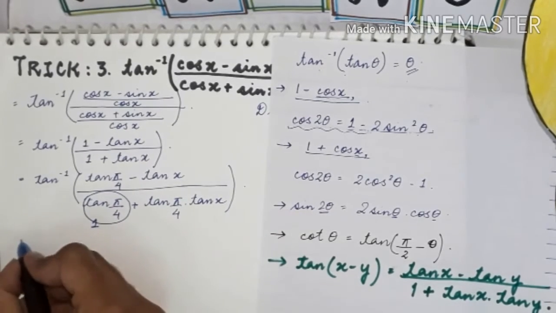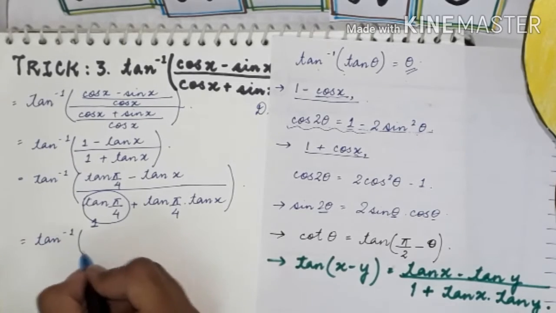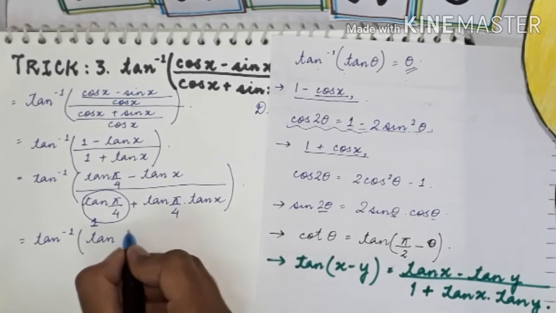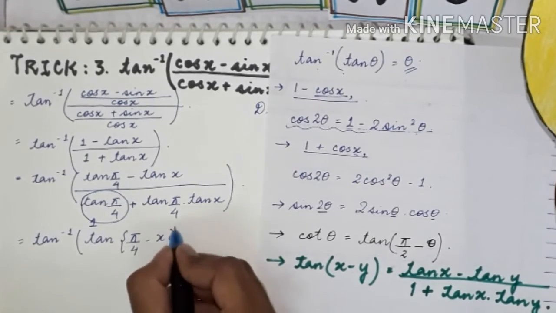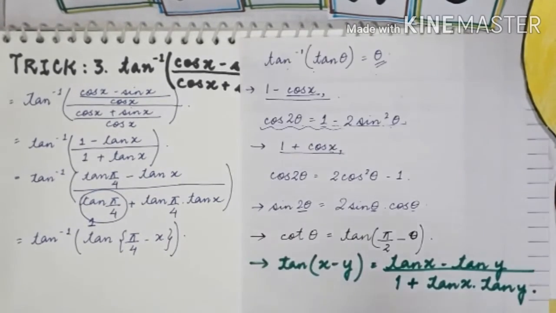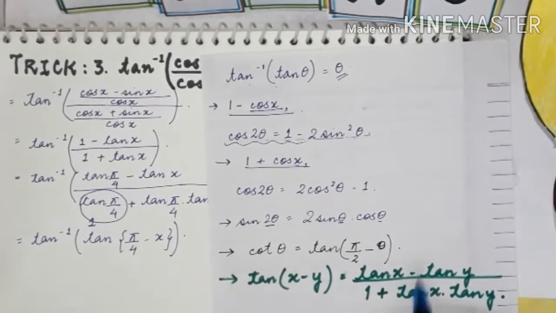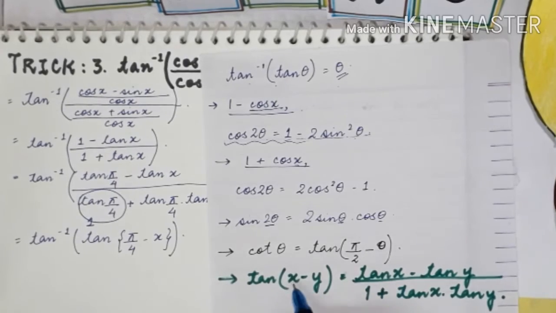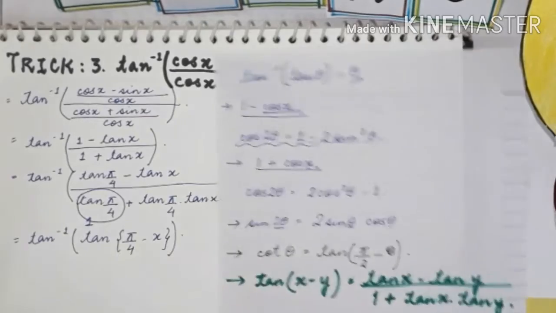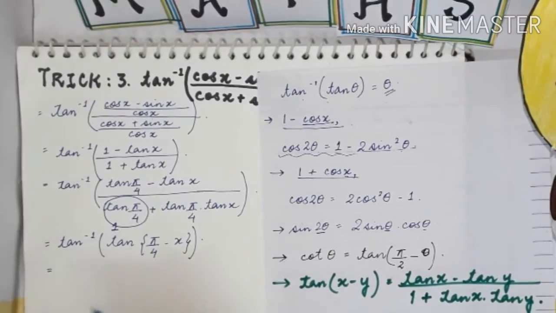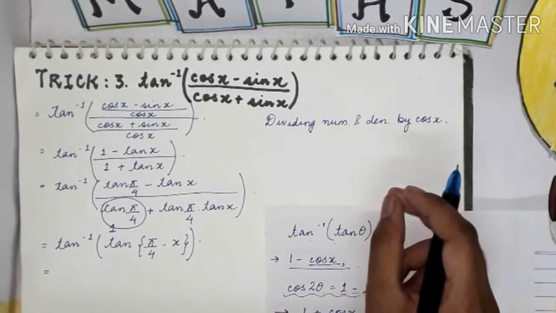So it is the identity for tan inverse tan pi by 4 minus x. See, tan pi by 4 minus tan x here. So it is tan x minus y, tan pi by 4 minus x. See, it is so simple. You just need to keep two things in your mind.